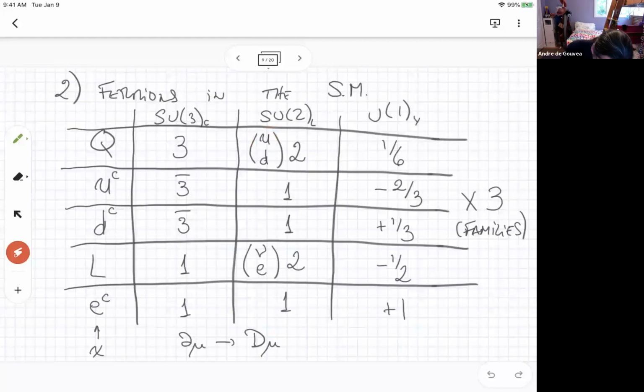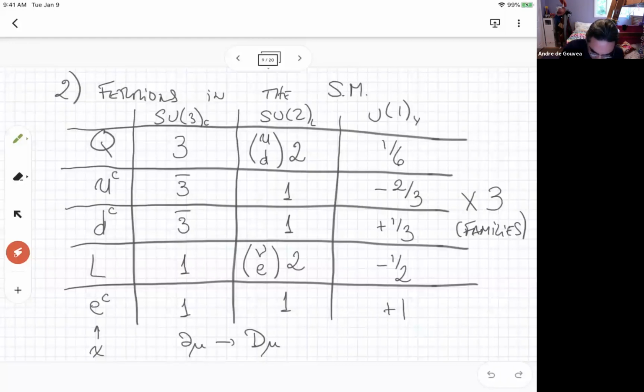The UC, on the other hand, destroys left-handed anti-quarks, or anti-up quarks. And the DC here destroys left-handed anti-down quarks. And the handedness here, unfortunately, refers to chirality. It has some relationship with helicity, but that's a more complicated story that we won't talk about. I will bring this up a little bit later in the context of neutrinos.